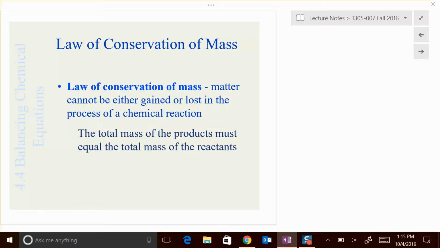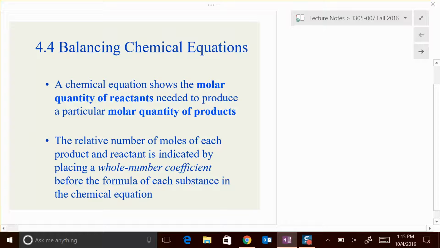All right, so we are going to talk about how to balance chemical equations now. We first have looked at different types of reactions. We have combination, decomposition, single replacement, double replacement, precipitation reactions, acid-base reactions, and oxidation-reduction reactions. Hopefully you would be able to identify the different types of reactions by what's going on in the chemical reaction.